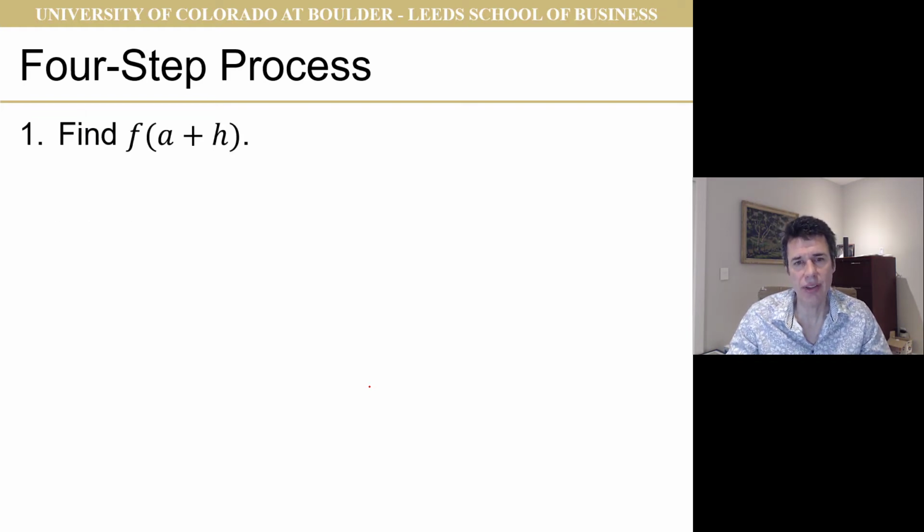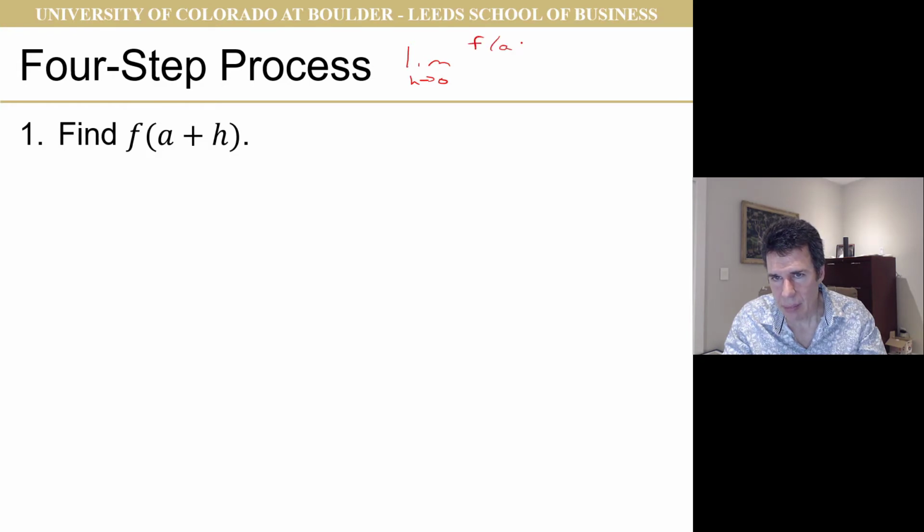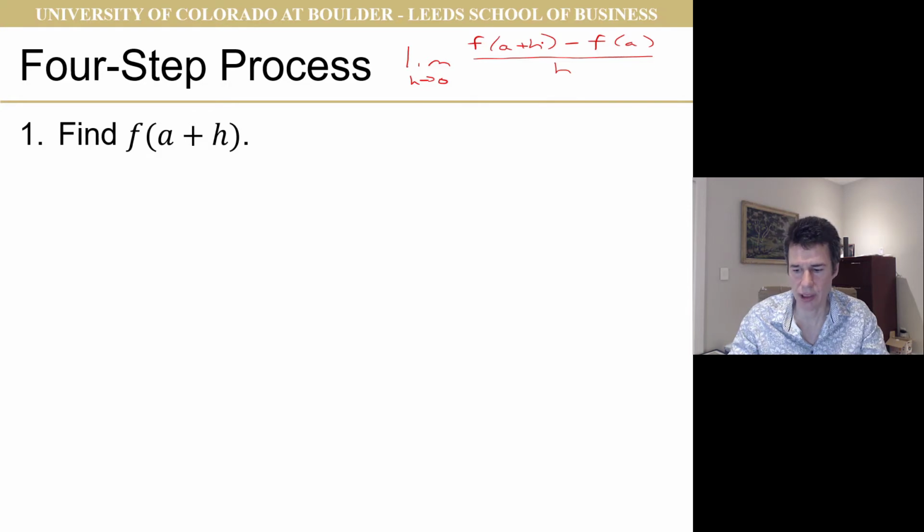Now, to solve this, we're going to use what's known as a four-step process. The first step is find f of a plus h. So remember, I'll just rewrite this here. We've got the limit as h goes to 0 of f of a plus h minus f of a divided by h. So the first step is find this first term in the numerator.